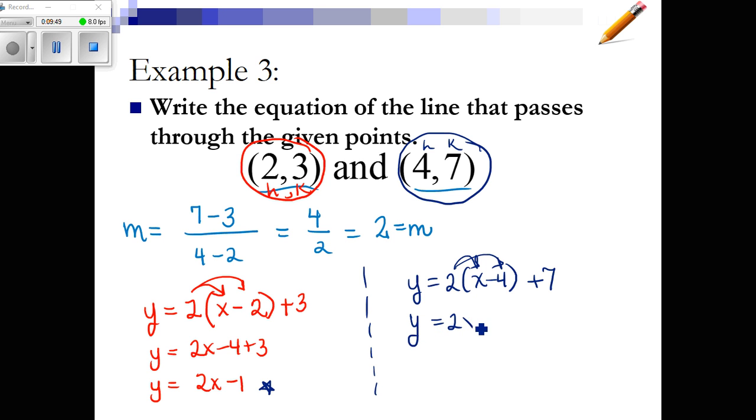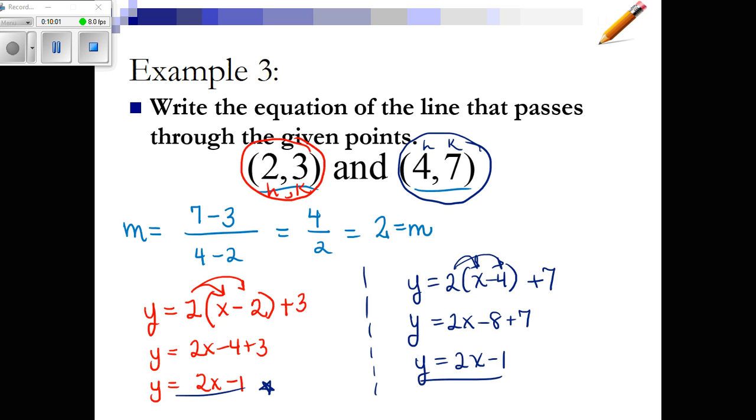Y equals 2x minus 8 plus 7. Y equals 2x minus 1. Look at that. They both give us the same equation. Nice. So it doesn't matter which random point you use, as long as you use one of them on the line.